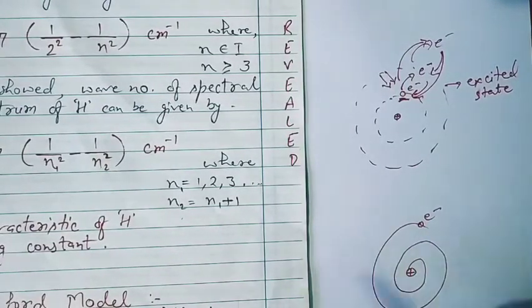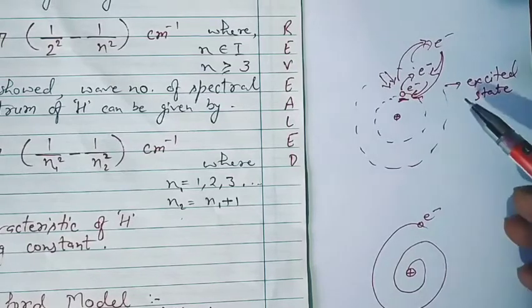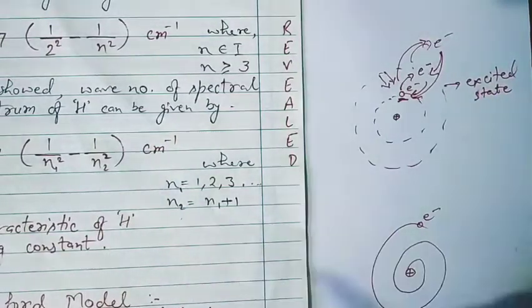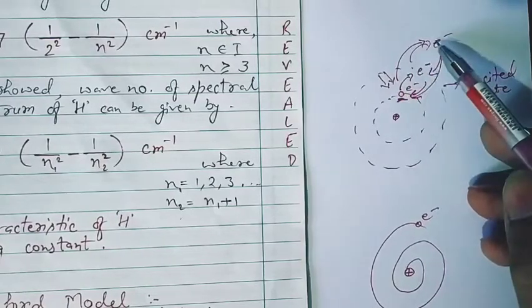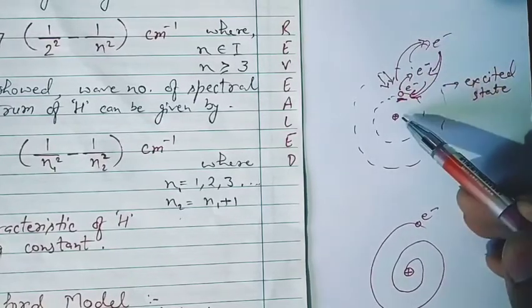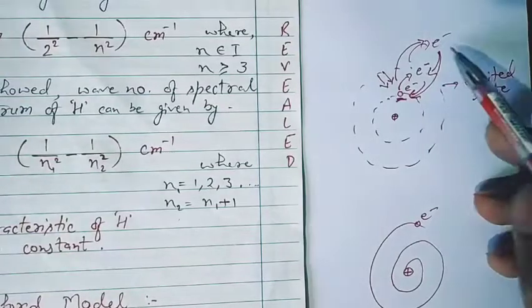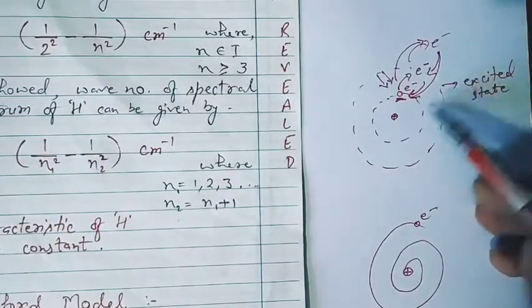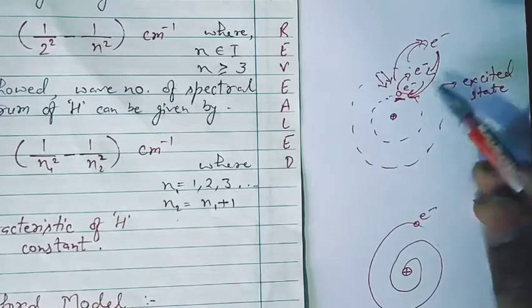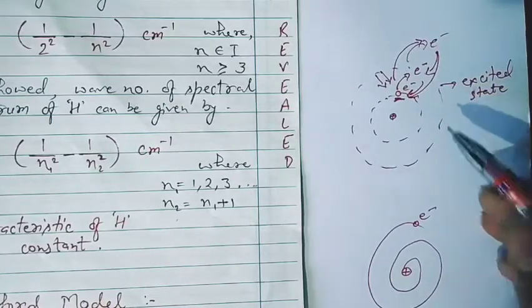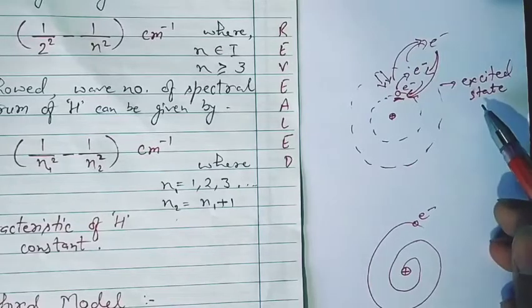The second point is that in hydrogen we have seen the electron going from one excited state to another and coming back, or directly from a higher to a lower level. That showed that the energy emitted by the hydrogen atom was not continuous, it was discontinuous.